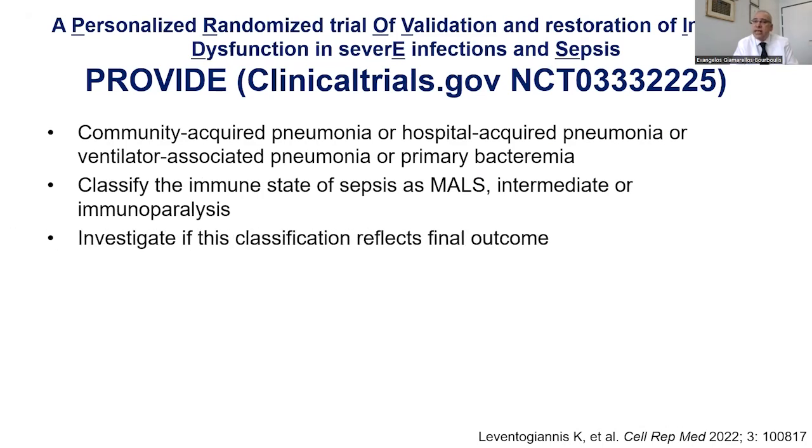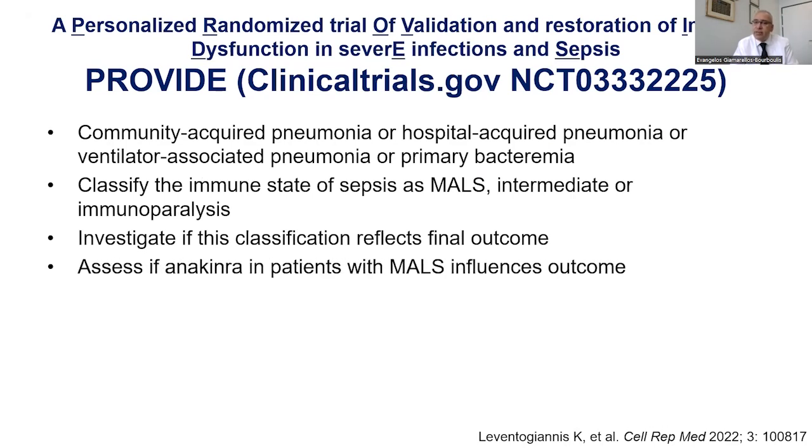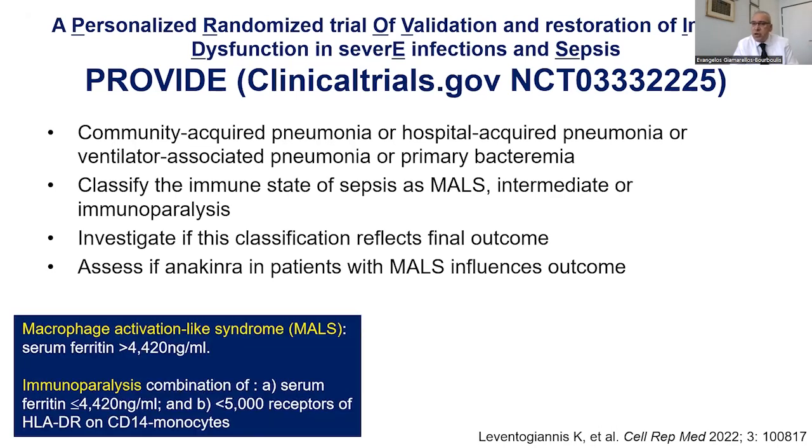And we used classifiers in order to discriminate and classify patients into macrophage activation syndrome, patients with immunoparalysis, and patients with intermediate stage, trying to investigate if this classification reflects final patient disposition. And in the few patients who had macrophage activation syndrome, we tested in a double-blind randomized approach the impact of anakinra.